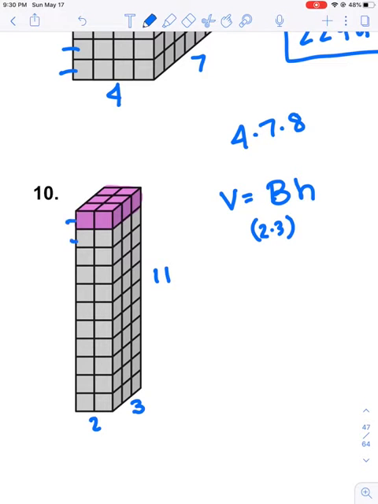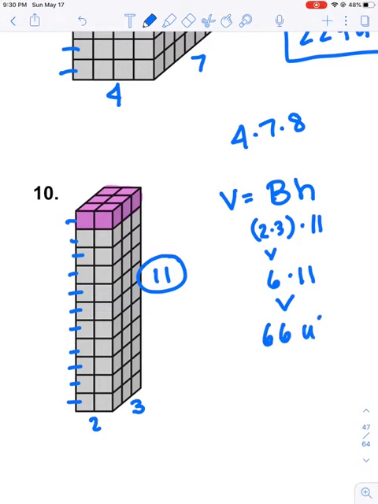And then the base repeats 11 times, which you don't really need to count because it's just that third number out there. So it's going to be 6 times 11, so the top layer has 6 cubes, times 11 layers of the cubes is 66 units squared. And if you chose a different side for your base, you still should have gotten the same answer.